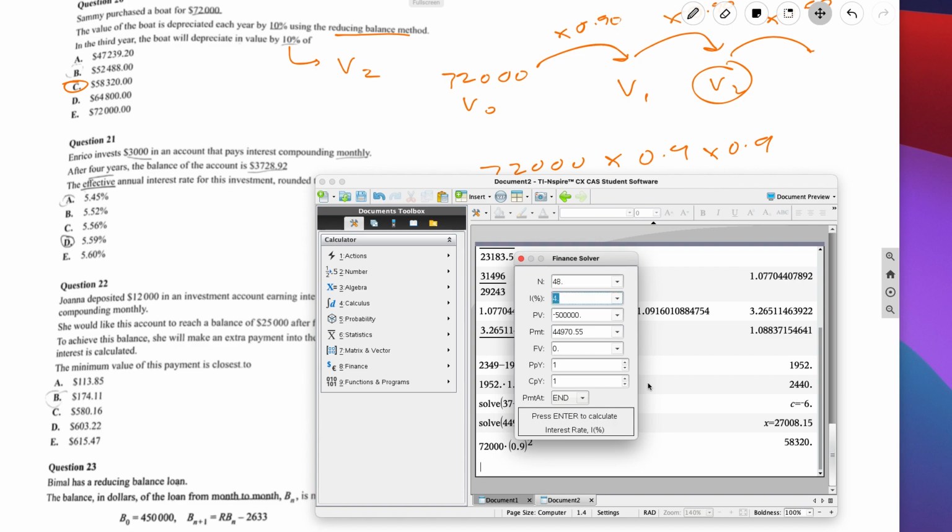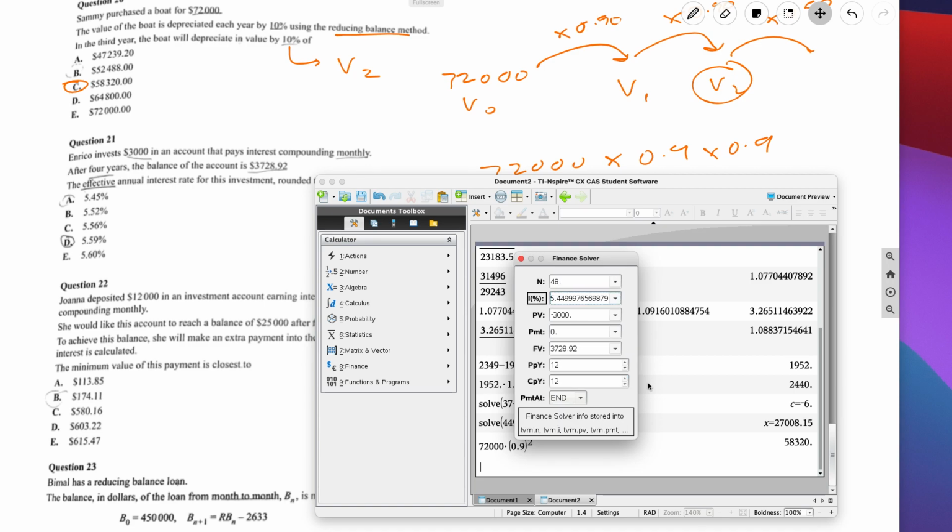The interest rate, we don't know. We're going to solve that. That's the nominal. Invests 3,000, so negative 3,000. Receives payments at all? Doesn't look like it. Nope. So we're going to put 0. Future value is $3,728.92, and the payments per year are 12. So then we can solve for that.